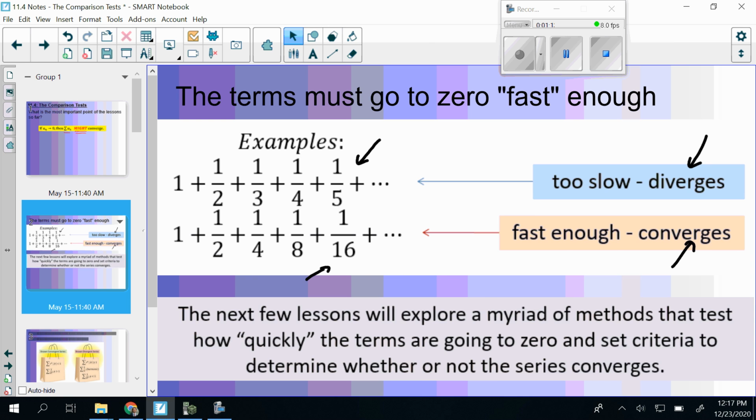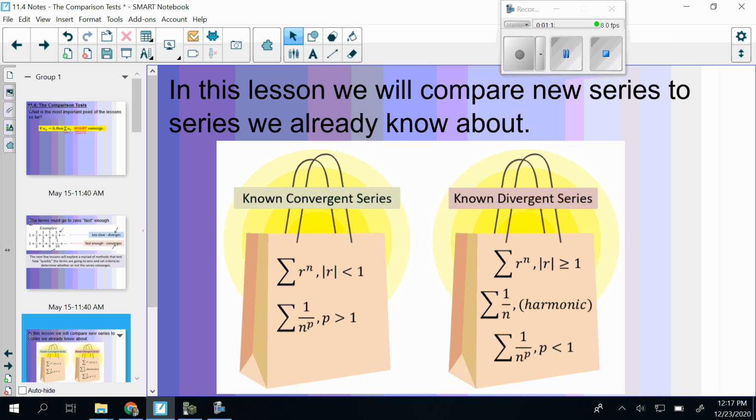So far, some of the methods that we know are the geometric one. In geometric, if your r value is less than 1 in absolute value, then it converges. Whereas if it's greater than or equal to 1, it's a divergent one. We have our p-series.